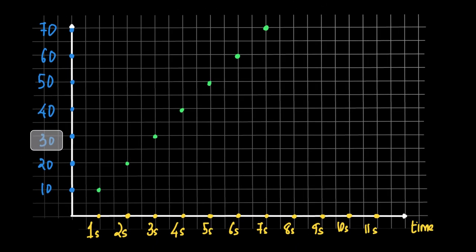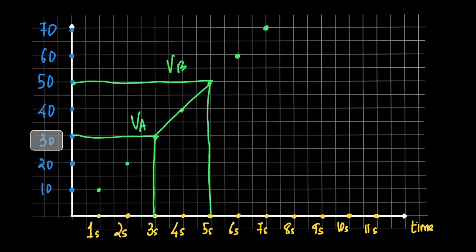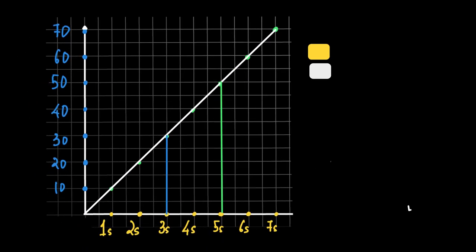So we have 30 here. What is 30? 30 on the straight line graph here corresponds to VA. 50 corresponds to VB. So this was the actual trapezium that we are talking about. Okay, hope that makes sense.